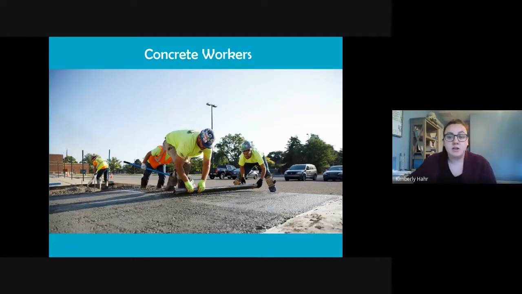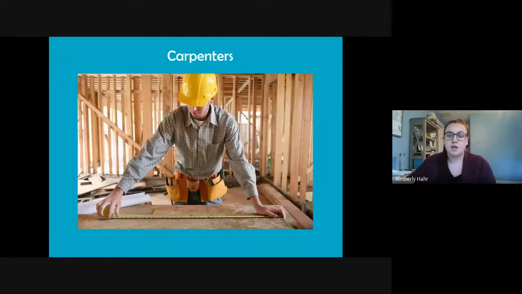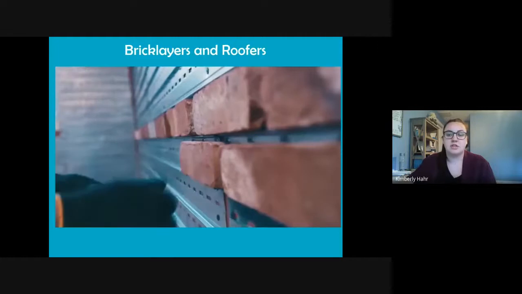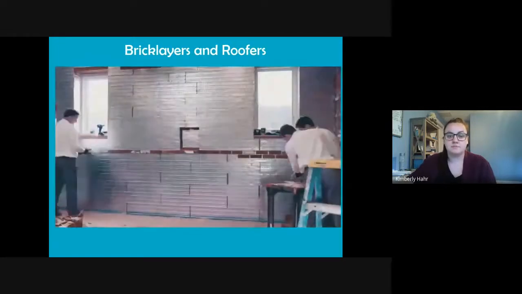So the first is concrete workers. They usually lay the foundation of a building. Carpenters build items such as the structural framework, as well as install cabinets, doors, and hardware. Bricklayers and roofers enclose the building.